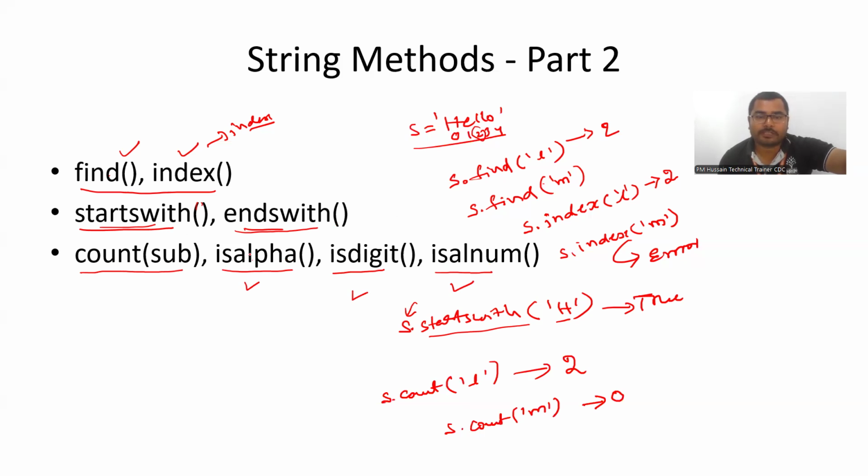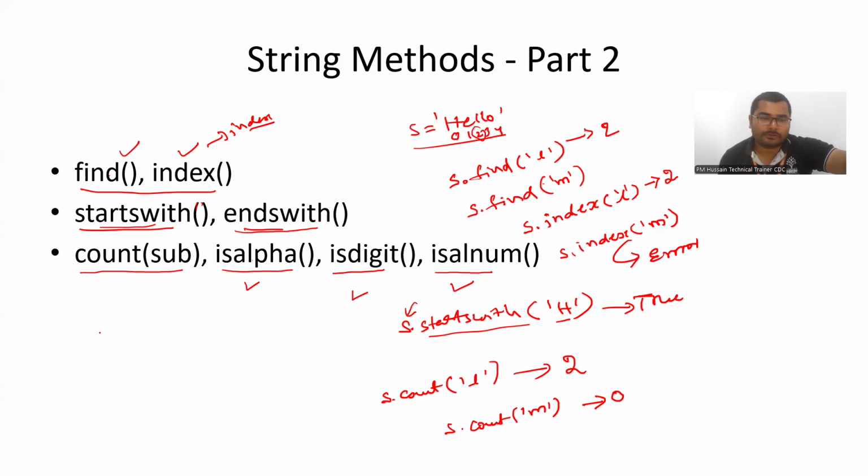If only alphabets are there, it will return true, otherwise false. The isdigit method will check whether a string is having only digits. If only digits are there, it will return true, otherwise false. isalnum will check whether the string is having a mix of alphabets and numbers. If so, it will return true. Otherwise, if some special characters are there, it will return false.